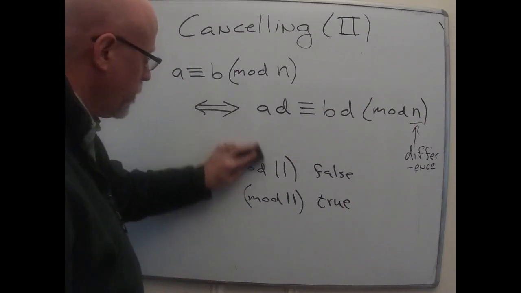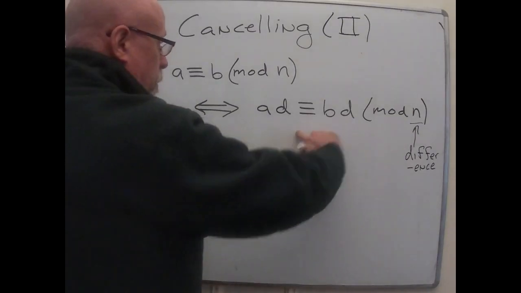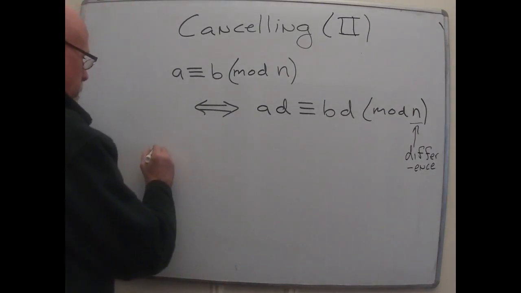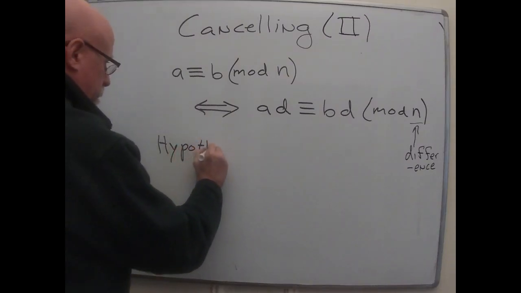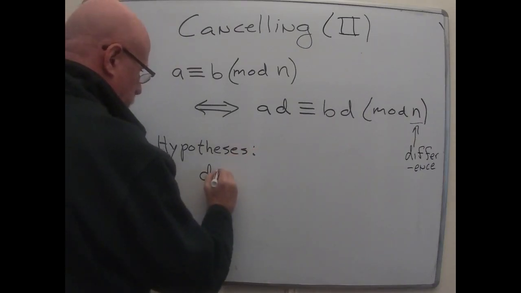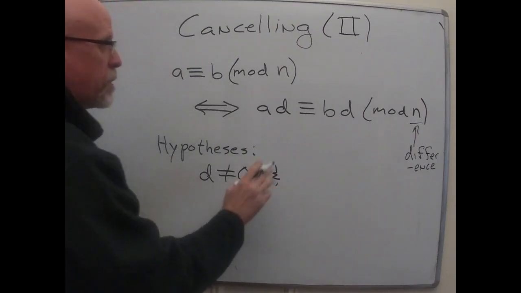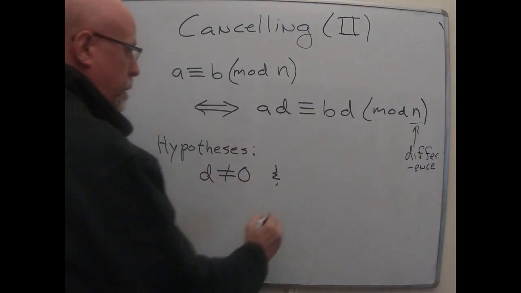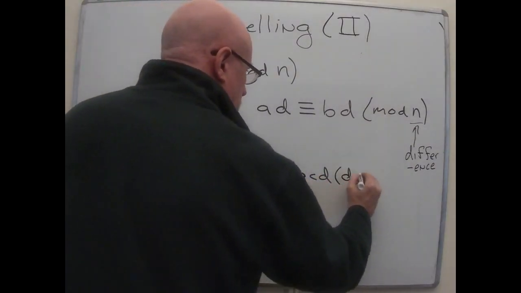But there's one other thing that we need. Really what we need is for d to have a modular inverse. So the hypotheses for all of this are these two things. d is not 0, and d has no factors in common with n. That is, the GCD of d and n is 1.